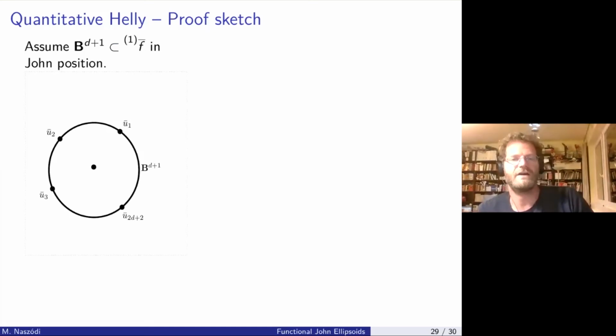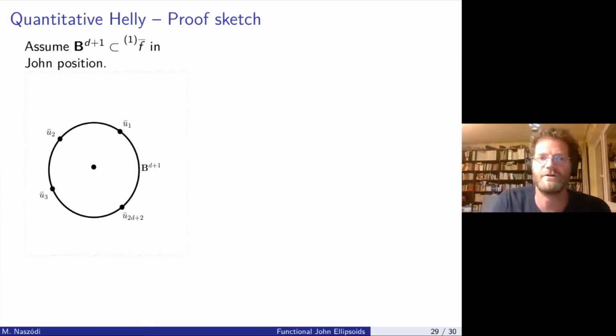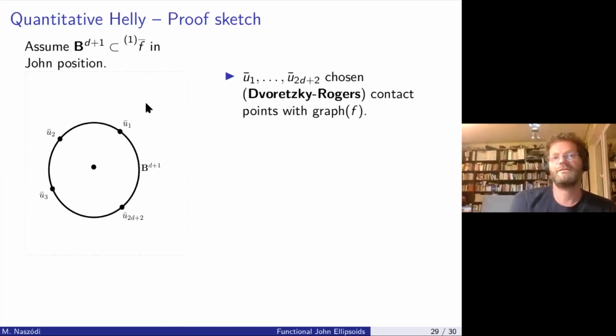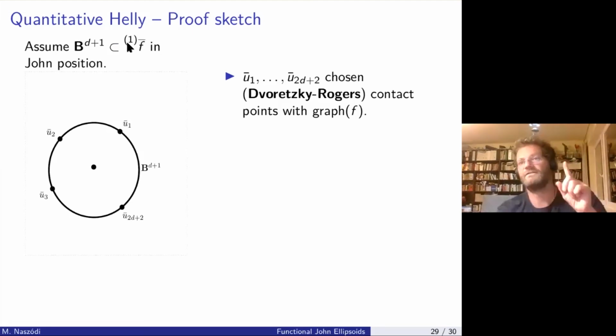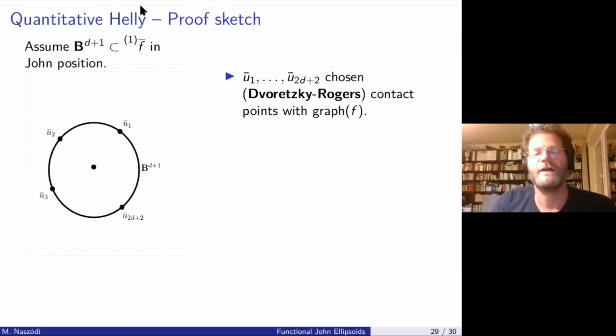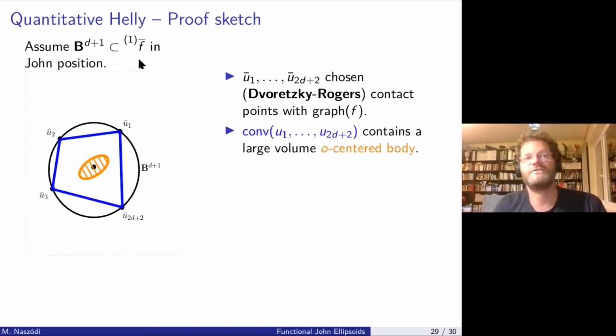We have to do something more. So what we do is, first we assume that our function is in John position, and we take the 1 lifting. So s equals 1 in this whole game now. s equals 1. So we assume that our function is in John position.